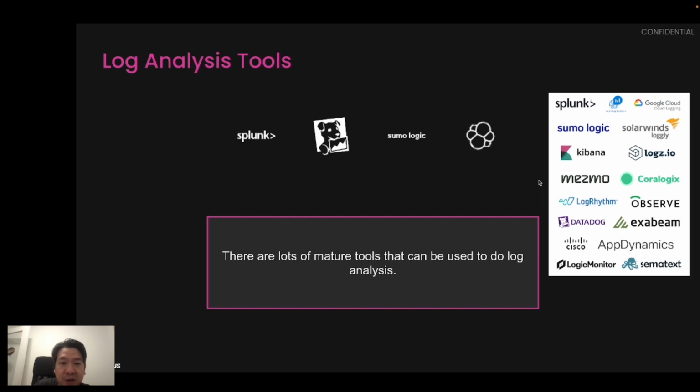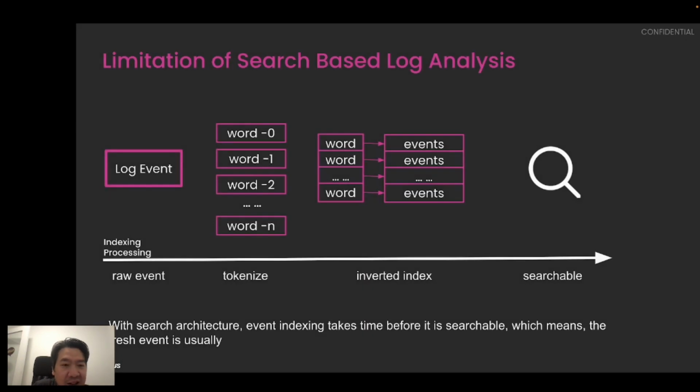So why am I talking about log analysis today? Actually, there are limitations to the existing log analysis tools. Most of these tools are based on search. So what does it mean, the search? The search-based architecture is when you get a log event, we do some tokenization.